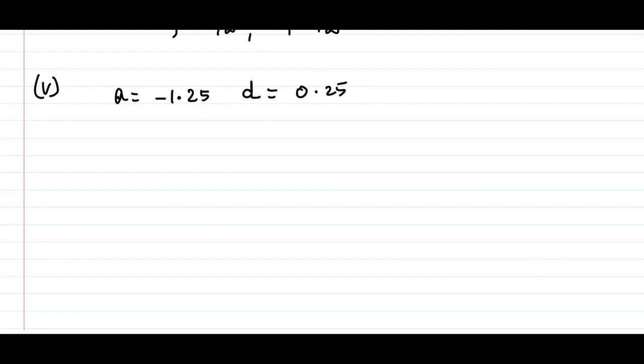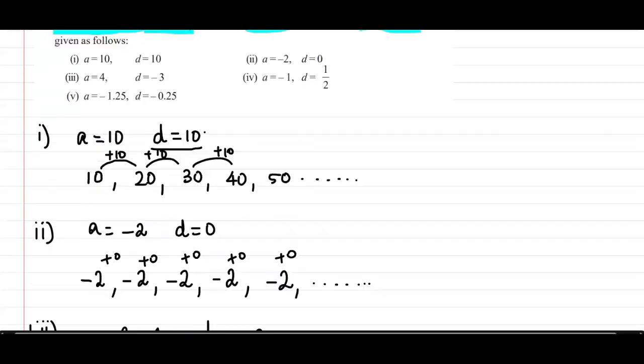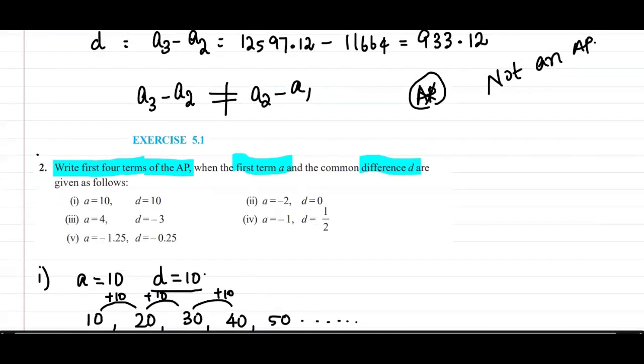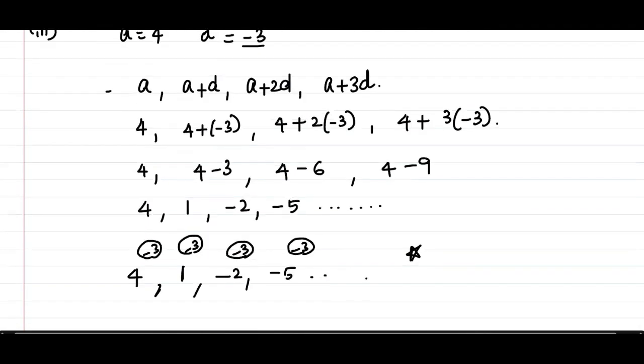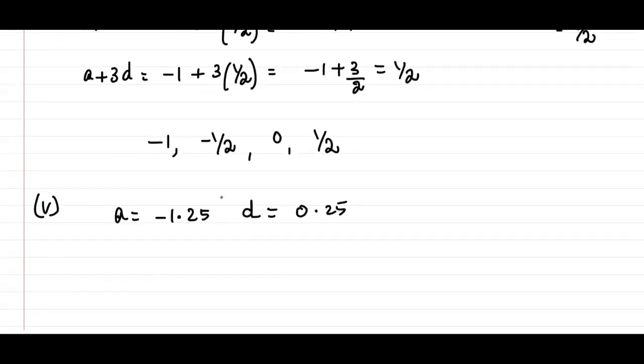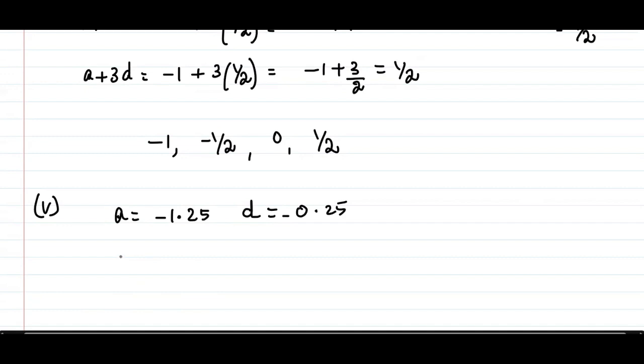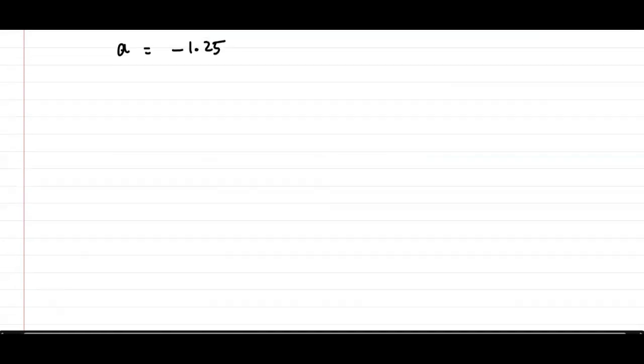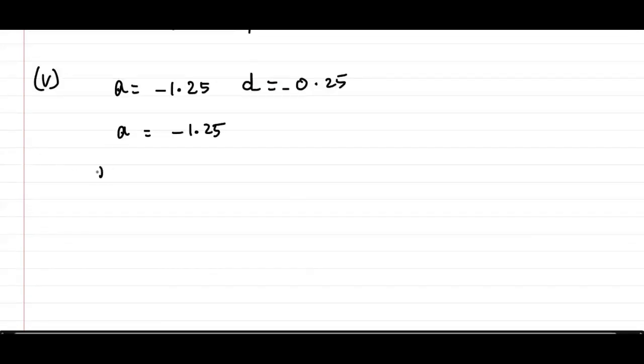Wait 1 second, is it negative or positive? Let's just quickly check it out. Okay, it's negative. Here it's negative. Okay, now let's say this is A. First term will be A, which is -1.25. The next one will be A plus D. So -1.25, then -0.25.